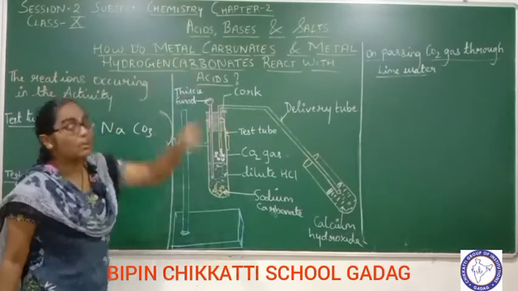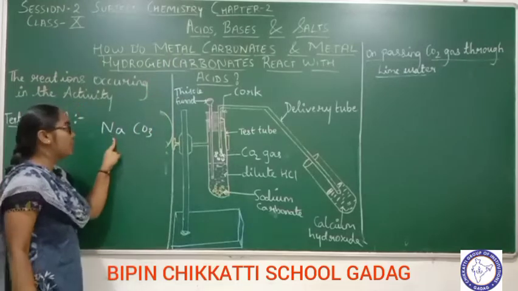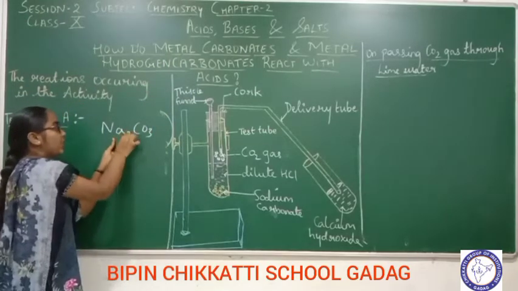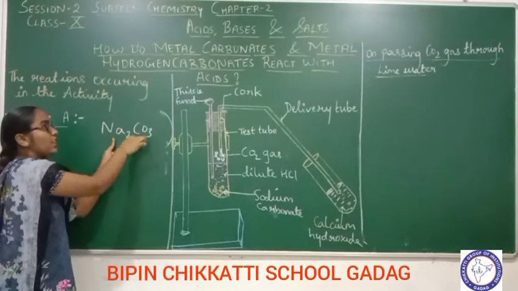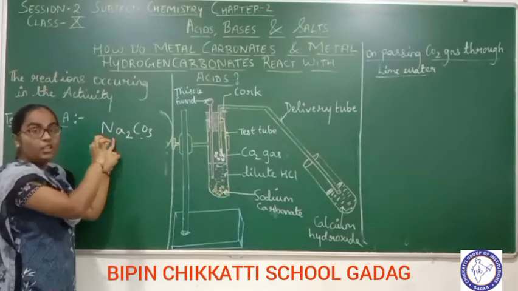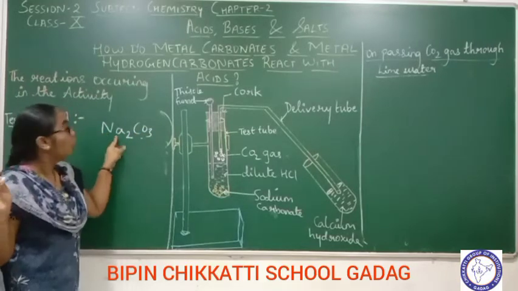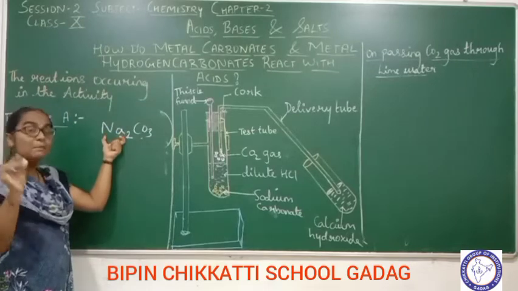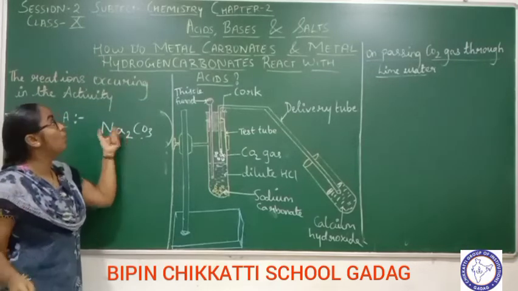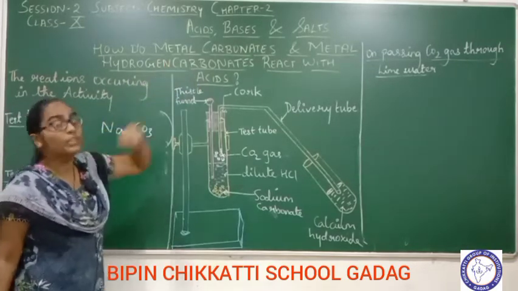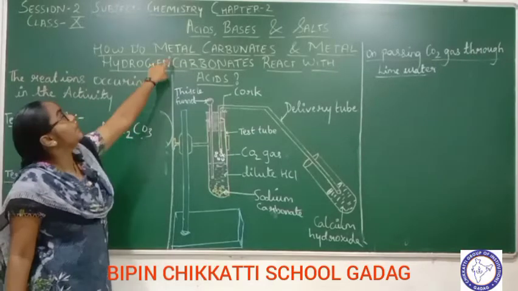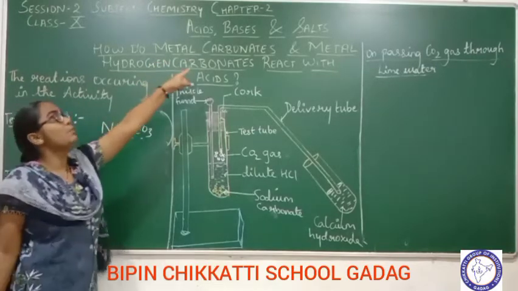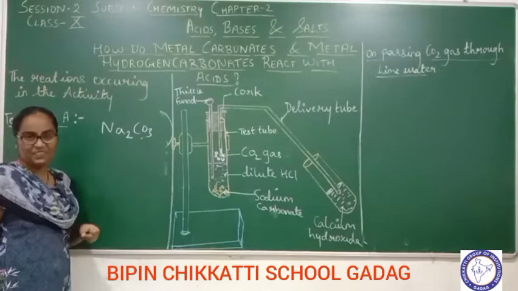So Na2CO3 is a metal carbonate, sodium carbonate we are saying, right? This is the molecular form for metal carbonate: metal in the form of sodium, and the carbonate formula is CO3.